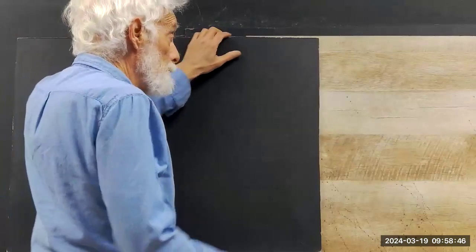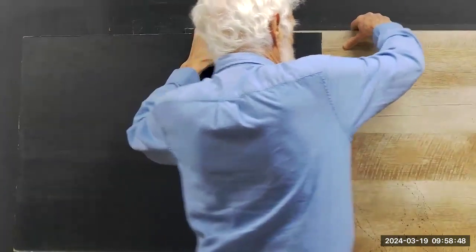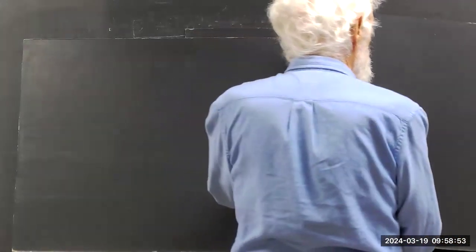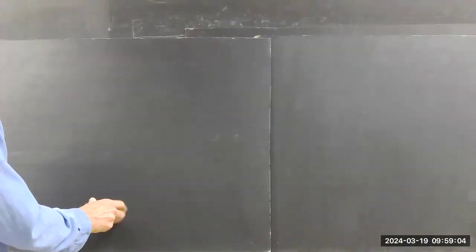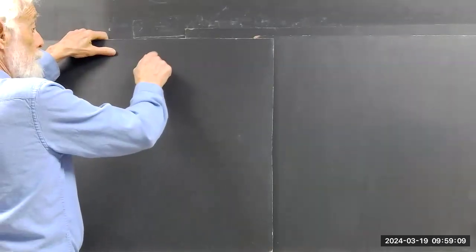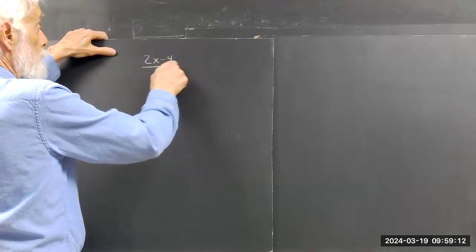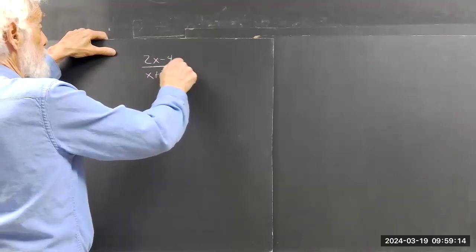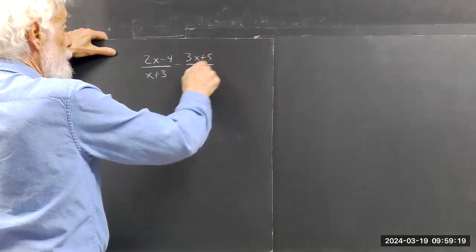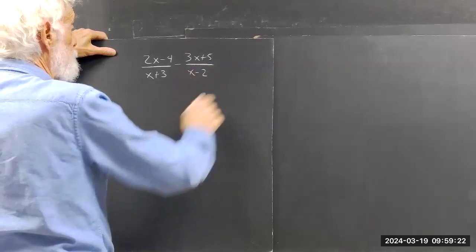Have a couple more problems. Okay, I asked them to do this operation: 2x minus 4 over x plus 3 minus 3x plus 5 over x minus 2 equals what?